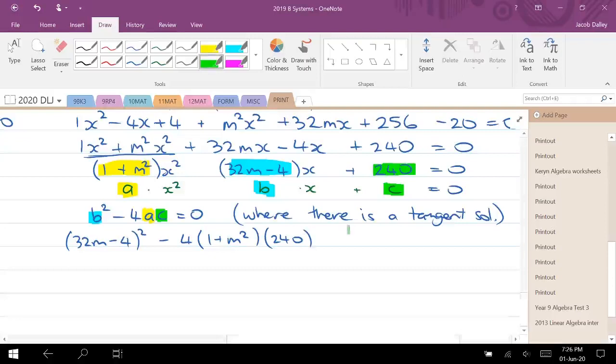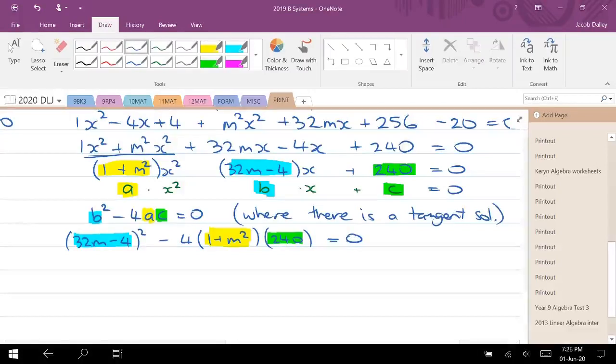So just colour those in. So that's our C, this is our B squared, and this is our A from above. So now what we're going to do, this all equals 0 because that's the condition for having a tangent.